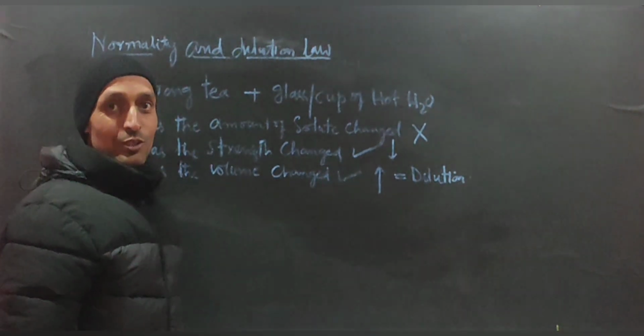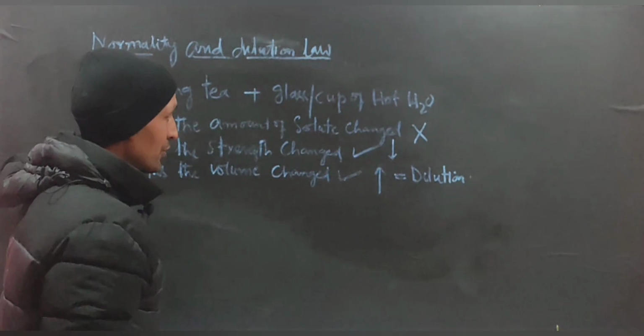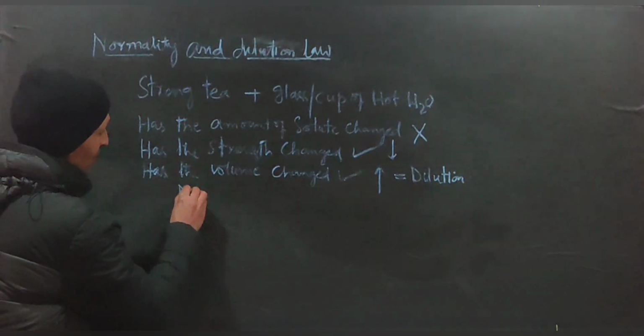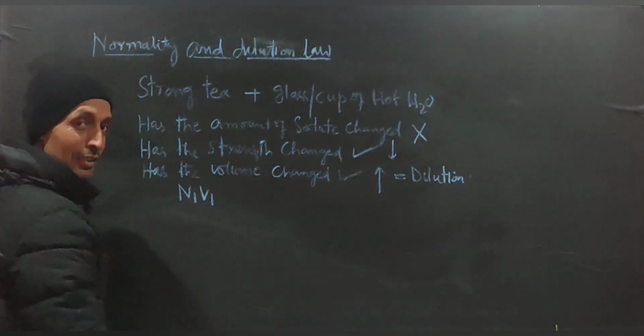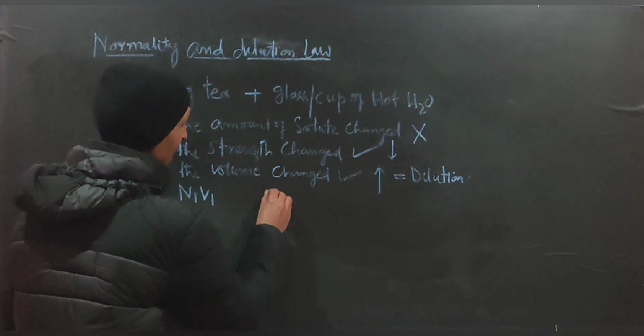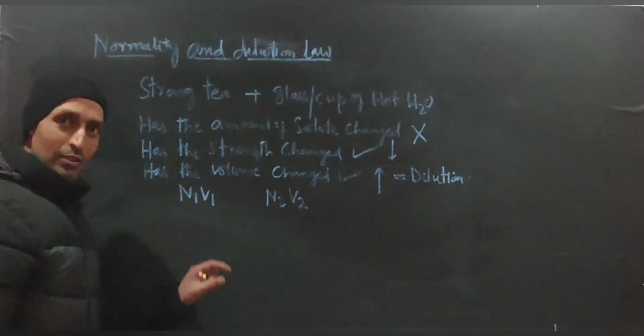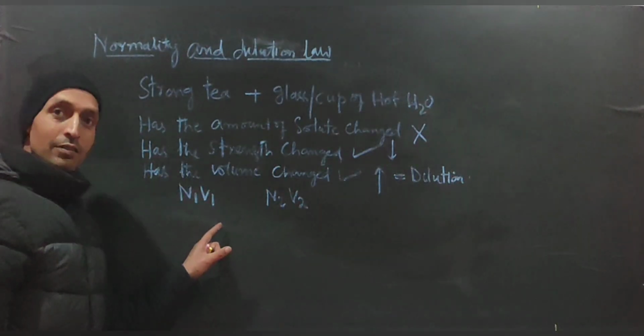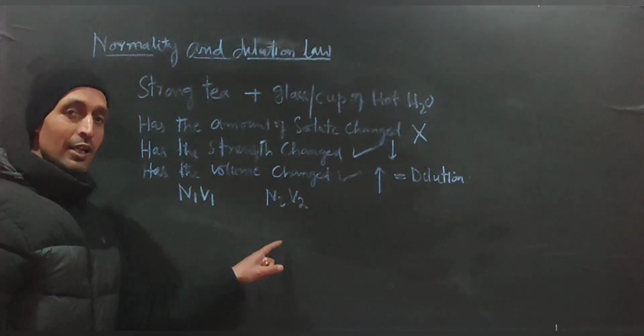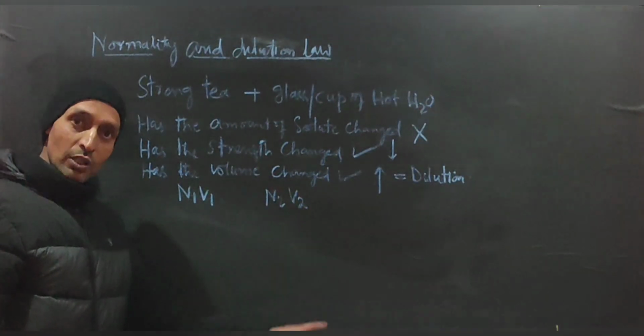Now before dilution, you had N1V1, and after dilution you have N2V2. N1 is the initial normality, V1 the initial volume, N2 the final normality, V2 the final volume.